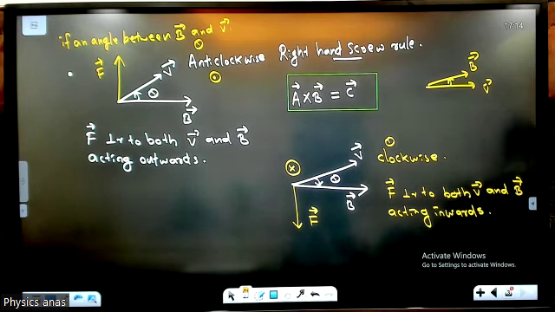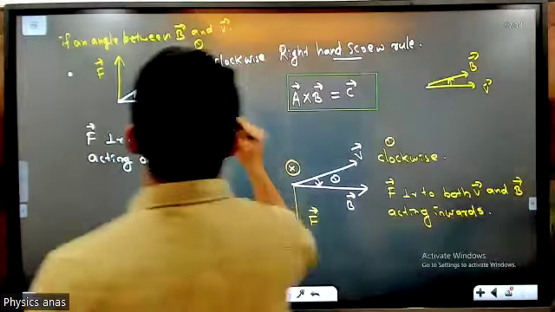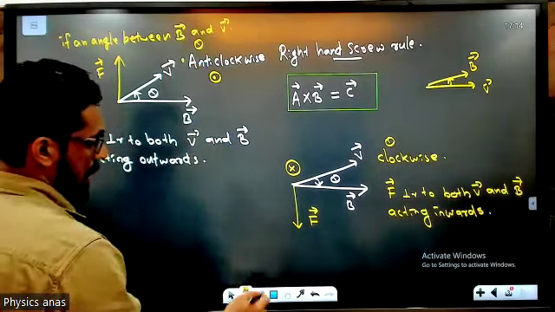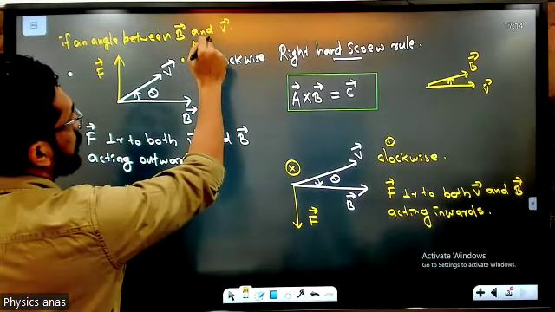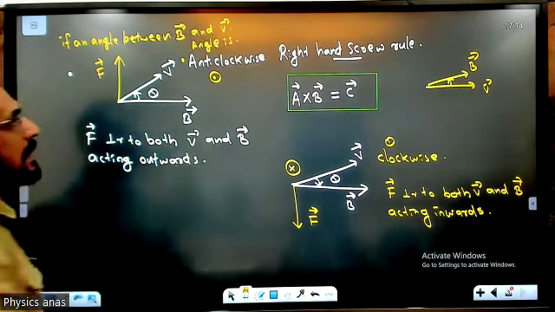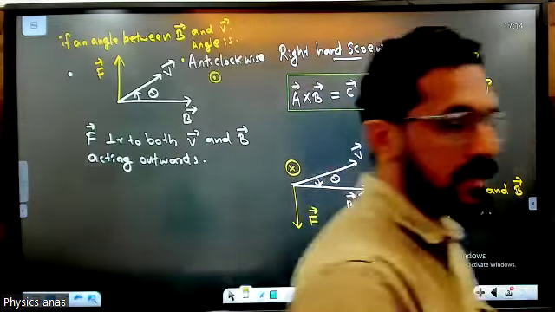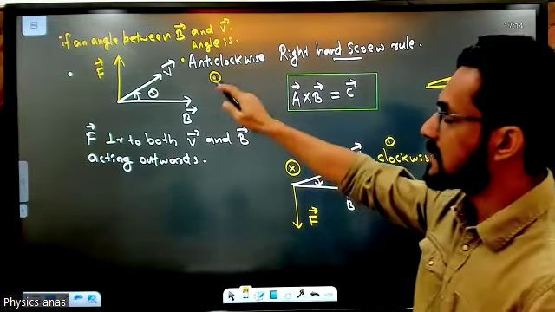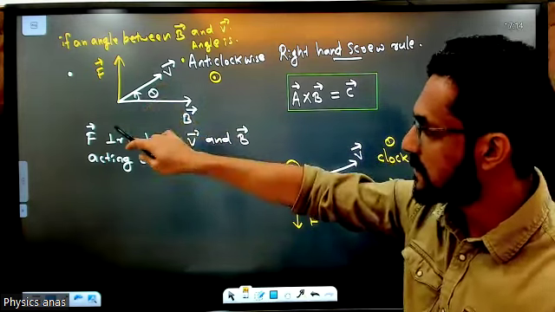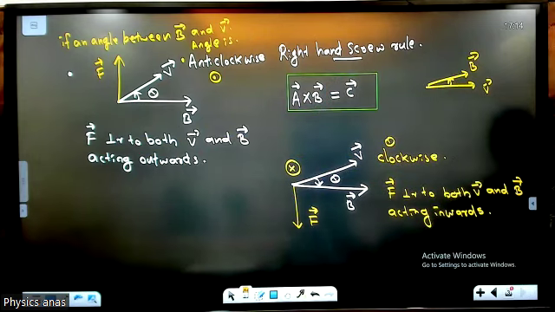The angle is in the anti-clockwise direction. If the angle is in the anti-clockwise direction, then for V cross B, F is perpendicular to both V and B, acting outwards.